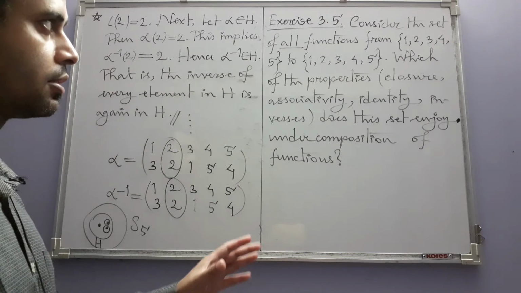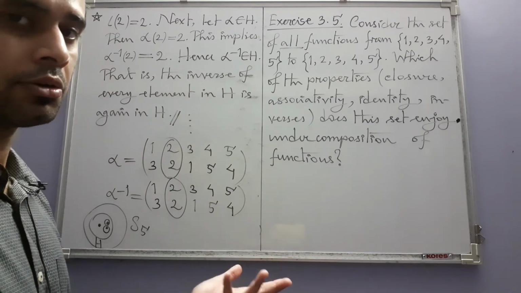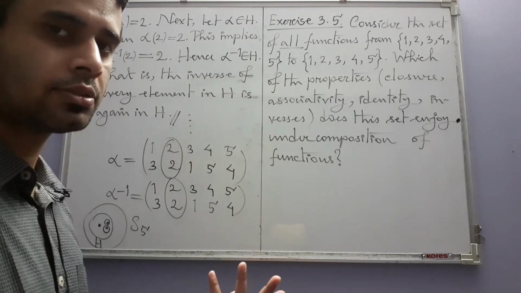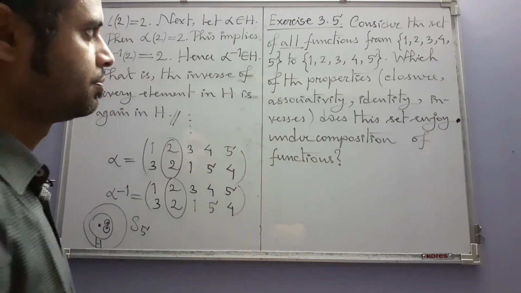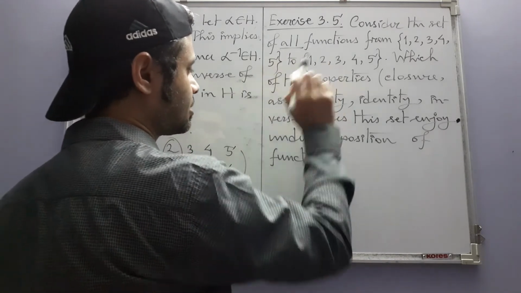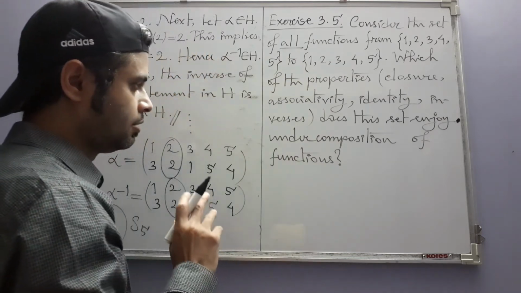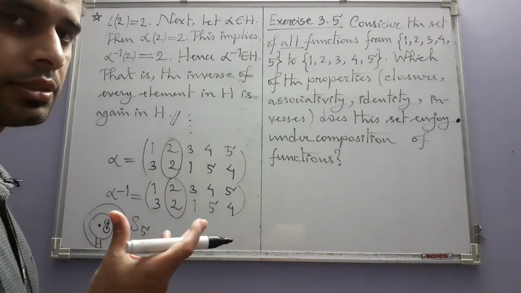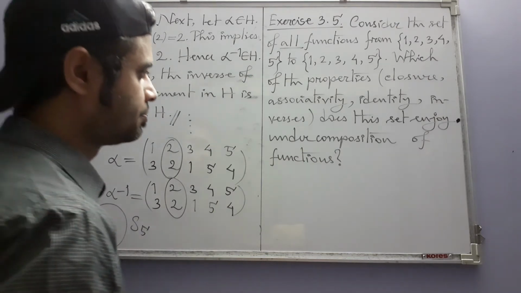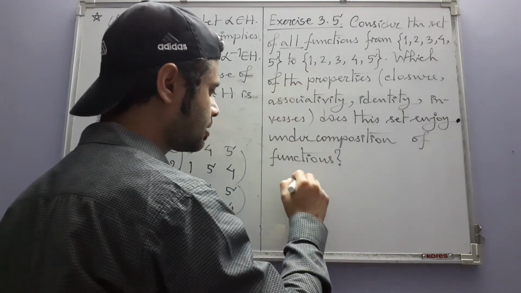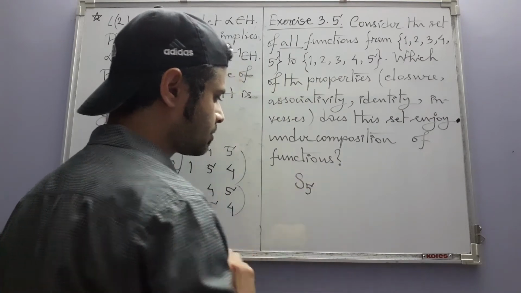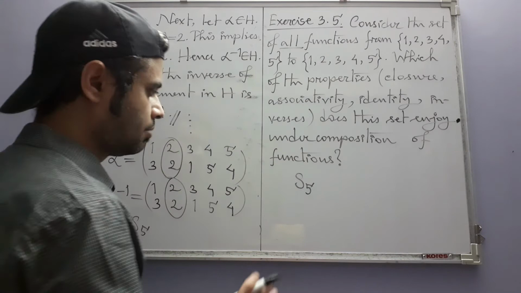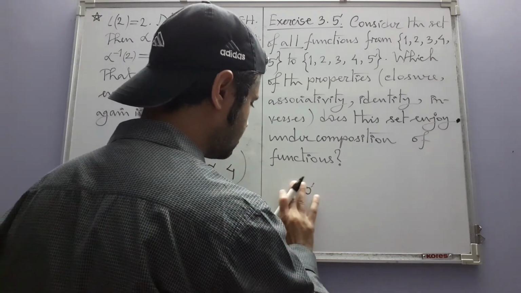There are permutations among such functions, but there are also functions which are not permutations. So we are considering the set of all functions. Which of these properties are enjoyed by this set? This is a much larger set than S5. S5 is a subset of this set, a proper subset in fact.